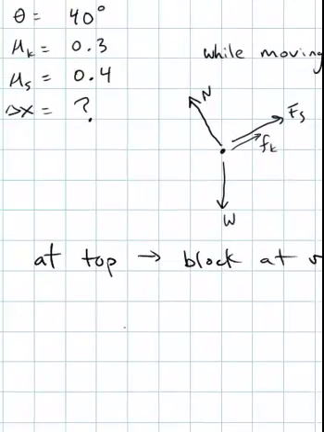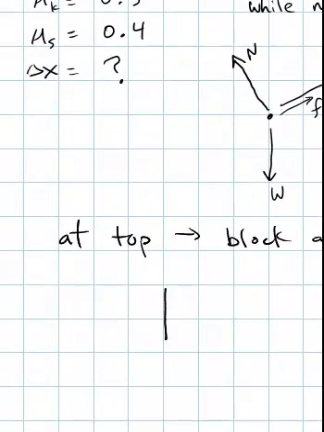Free body diagram. We're going to have a normal force and a weight in the y direction. There's the weight in the x direction going down the incline. There's no spring force right now because the spring has not started to stretch yet. It's not stretched or compressed.